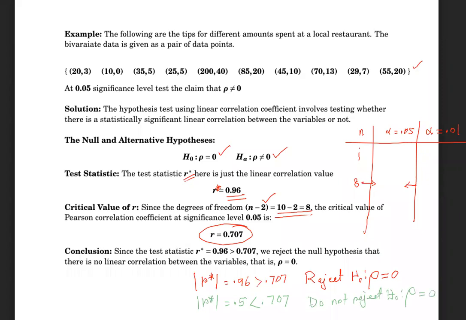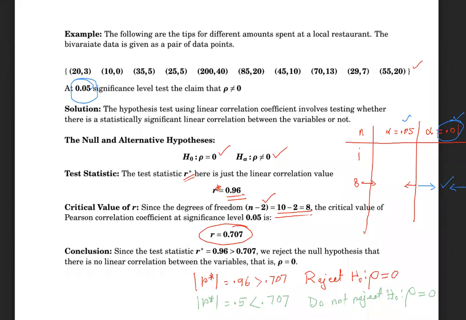Now, I want you to do one more step here. What about alpha is equal to 0.01? Do we reject H naught for alpha is equal to 0.01? If we go from 0.05, which is the significance level, and change it to the 0.01 significance level, then we will have a different critical value, whatever that value is, I don't know.